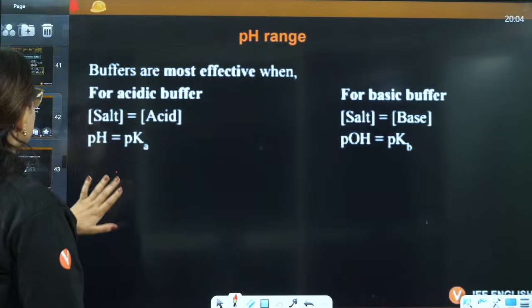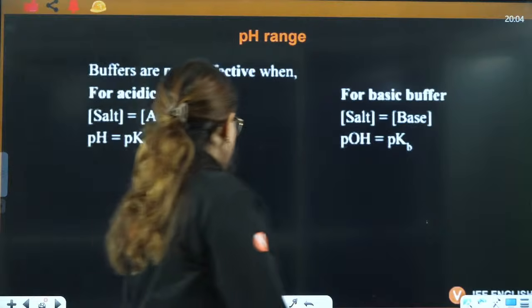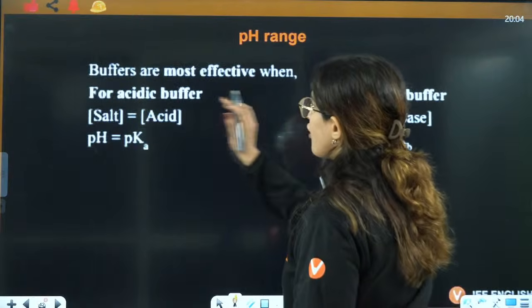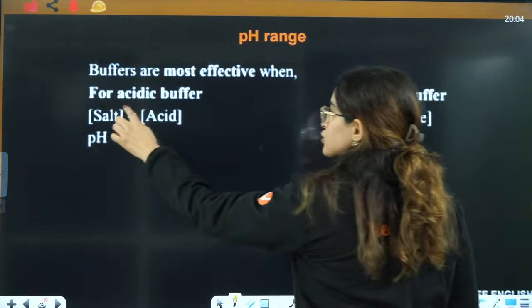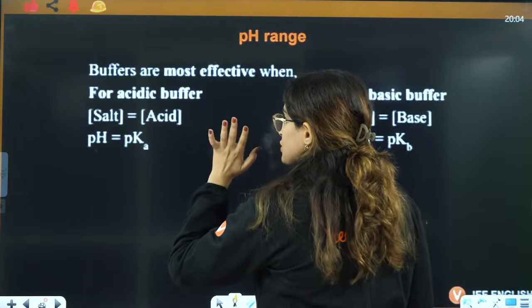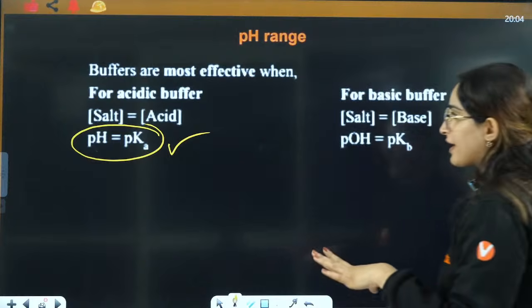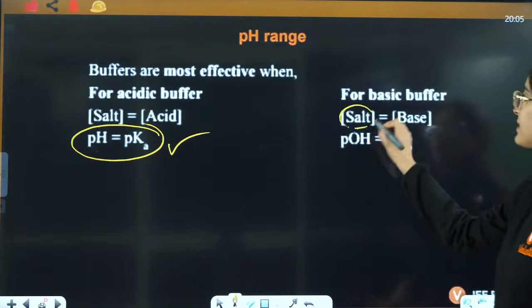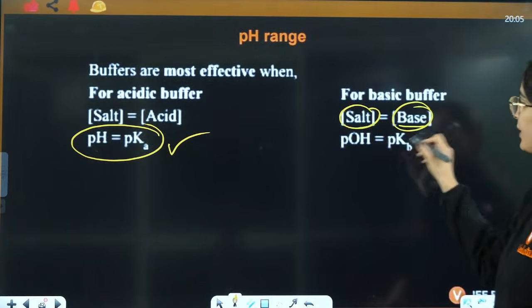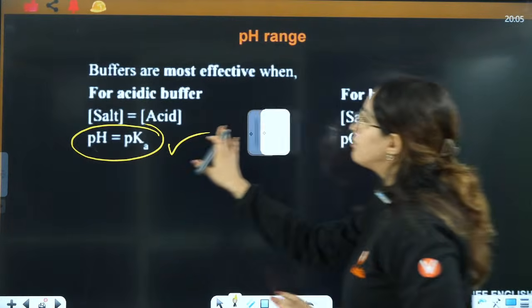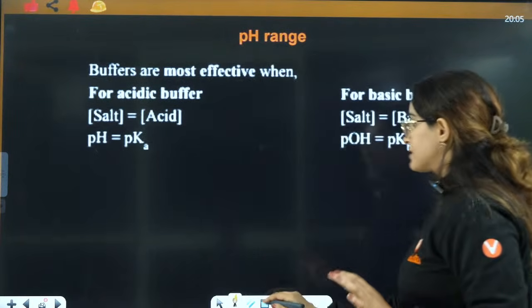So pH range. Buffers are most effective when, for an acidic buffer, salt concentration is equal to acid concentration. That means pH is equal to pKa. It is most effective. When salt and base concentration are equal, then pOH is equal to pKb, and they are the most effective in this case.